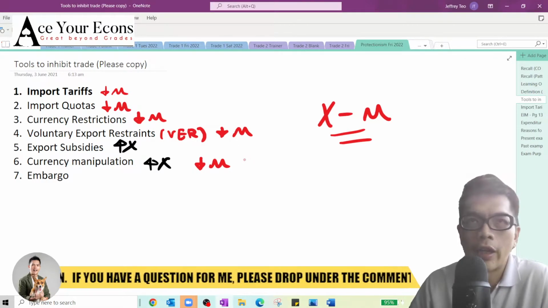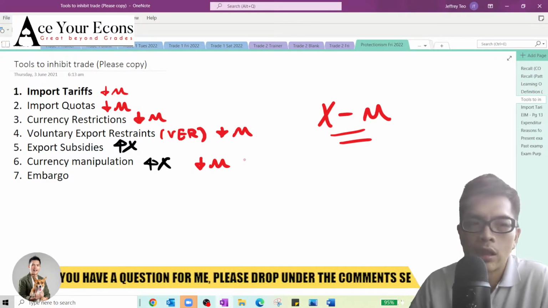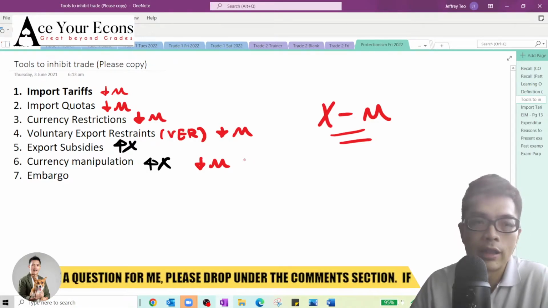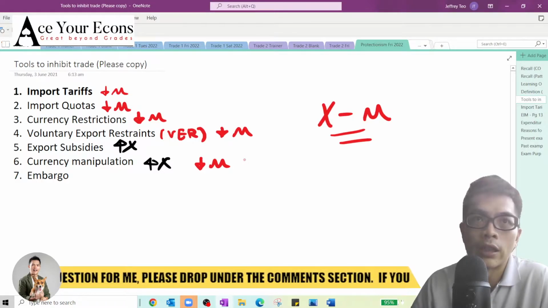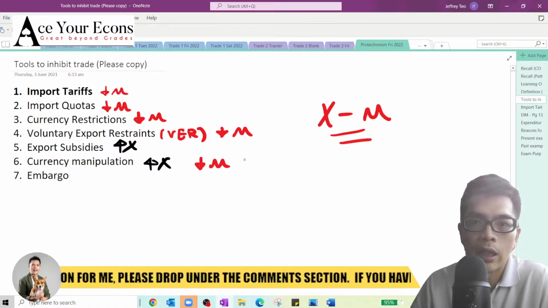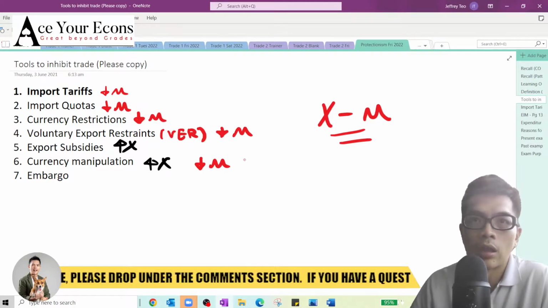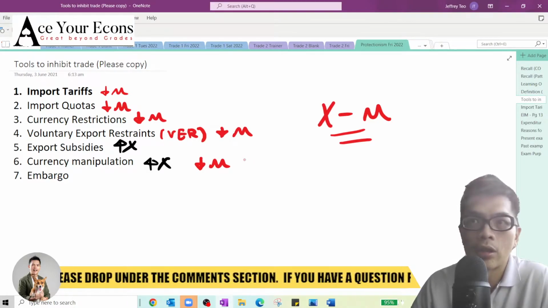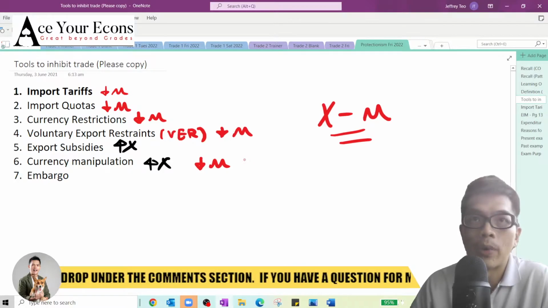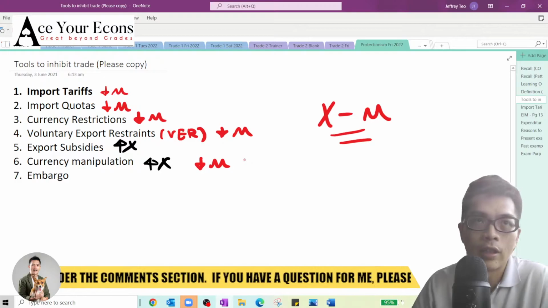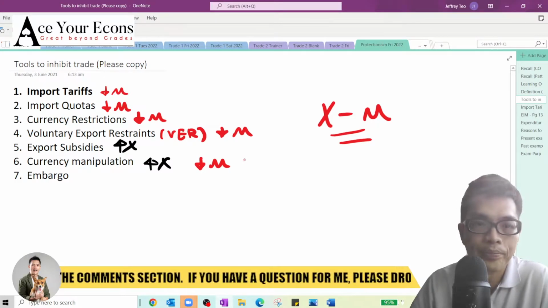They can devalue or depreciate their currency. So not all countries are able to manipulate their currencies. Only specific countries that adopt exchange rate targeting can choose to depreciate or devalue. We have learned this under the Marshall-Lerner condition. What happens when there's a depreciation? I'm not going to go there again. You can decipher what's going to happen here.